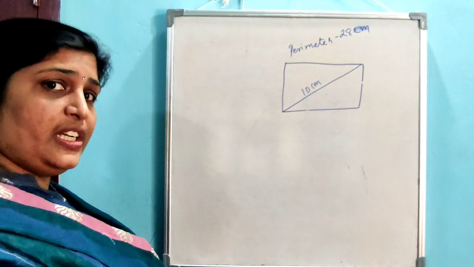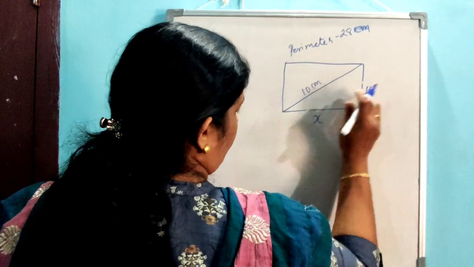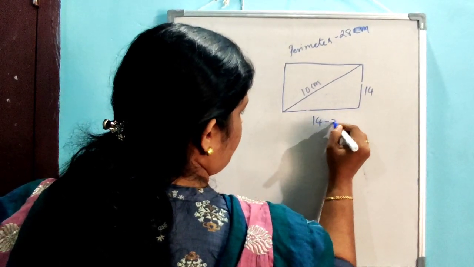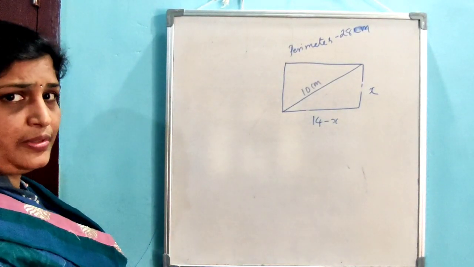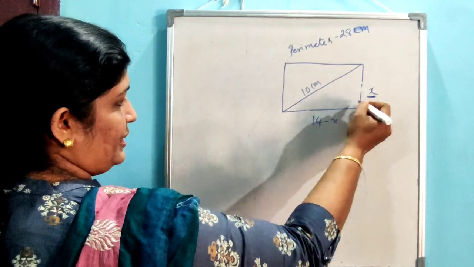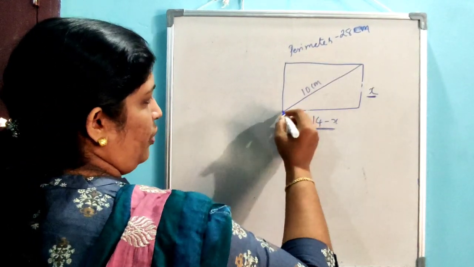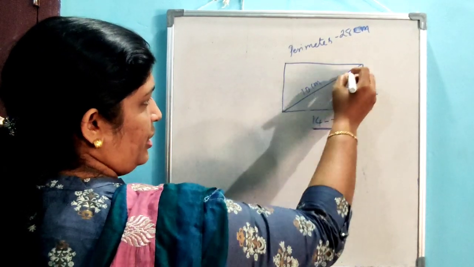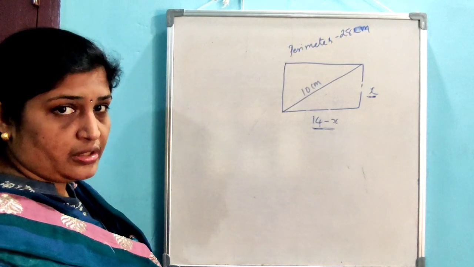As we did earlier, we take the breadth as x and the length as 14 minus x, and by joining the diagonal we get a right triangle, and for every right triangle we can use the Pythagoras theorem.